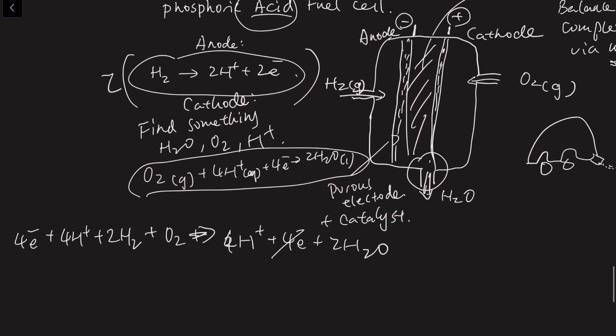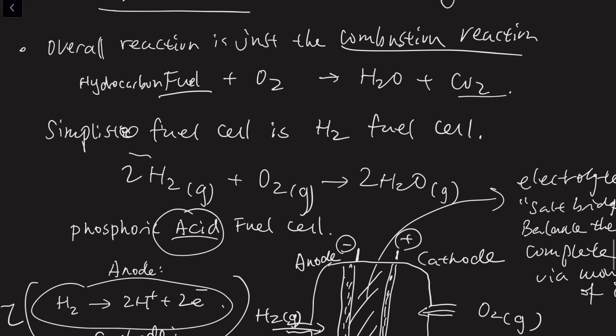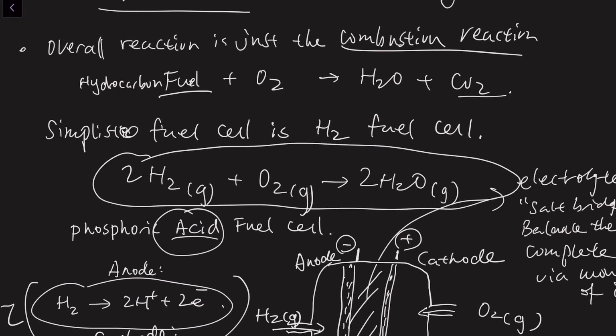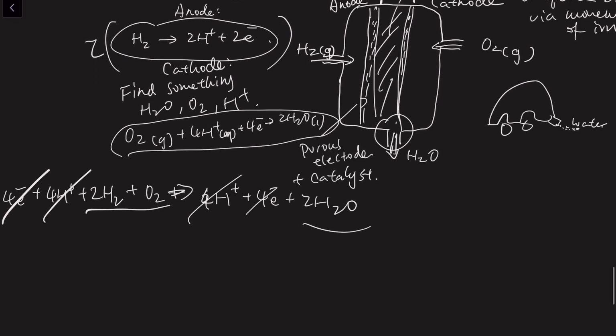You cancel out some of the common terms, and you get this reaction, which is exactly the same as the combustion reaction we have written out. And this should not be a surprise to you, because a fuel cell is essentially doing the combustion reaction without combustion.